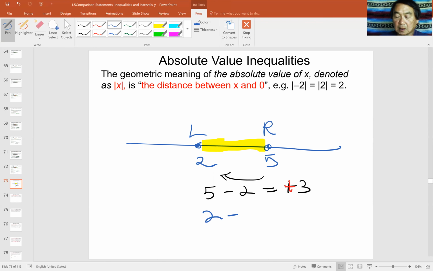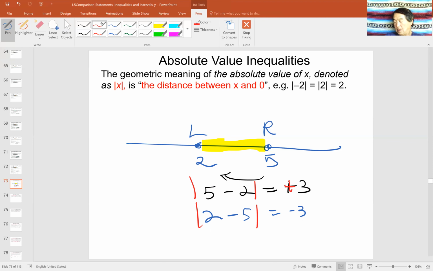Well, I want to twist it around. I don't want negative, since distance is positive. Hence, one way math solves this is that I slap on these things I call absolute value. That means whatever you get, you turn into a positive number.